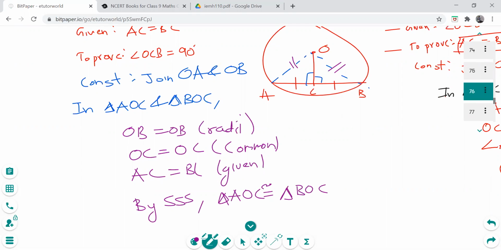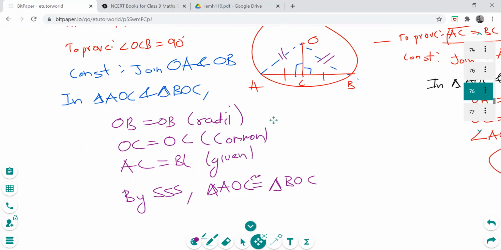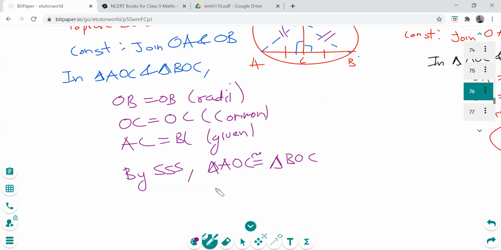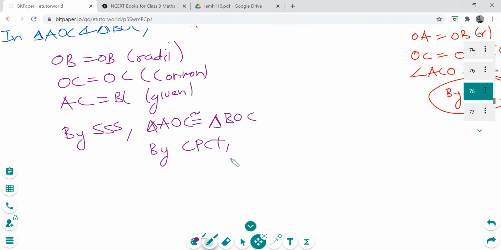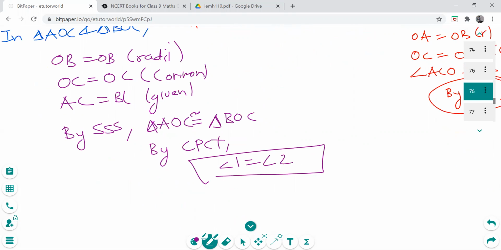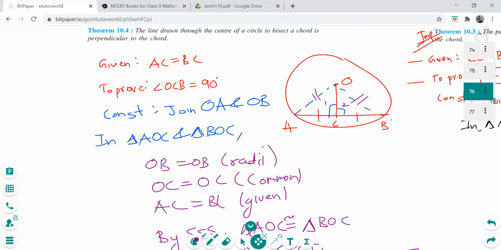But now, instead of directly saying that it's 90 degrees, you say by CPCT. By CPCT I can say that, let's name them 1 and 2 if you are having problems, angle 1 is equal to angle 2. Now I need to prove that this is actually 90 degrees.